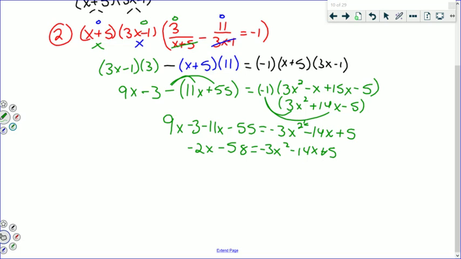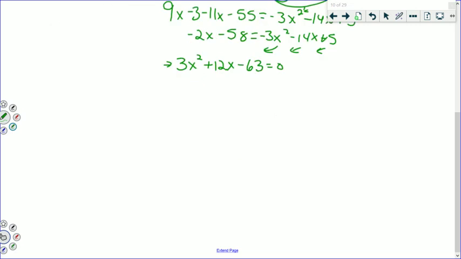Okay, so then from here, we're going to move all of these terms over to the left side. Okay, so we're going to add 3x squared, so we have 3x squared. We're going to add 14x's, so plus 12x. And then we're going to subtract 5 from both sides, so minus 63 equals 0.